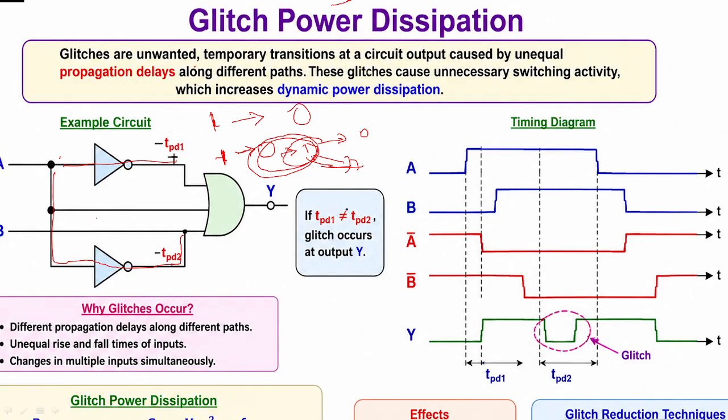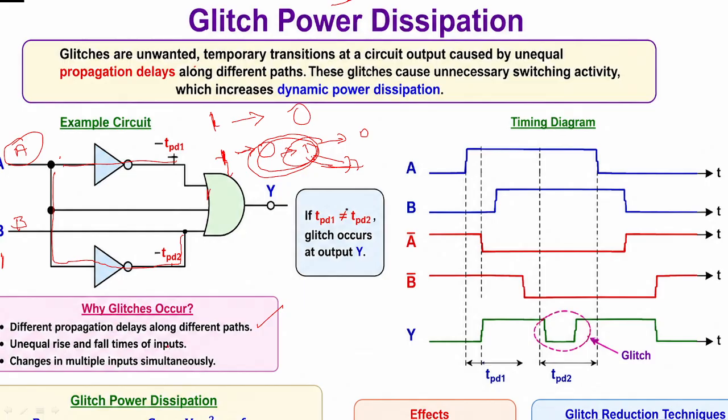So that is called glitch power dissipation, and these are the different timings. If you take this is input A, this is input B. The different propagation delays along different paths cause glitches.